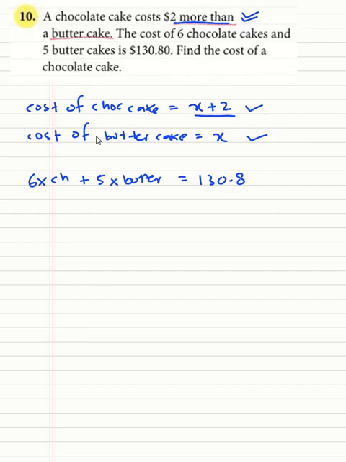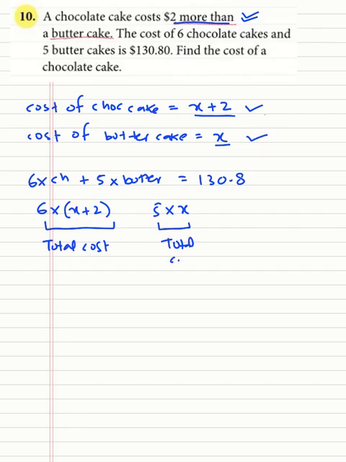The cost of one piece is x plus 2, and in the butter cake the cost of one piece is x. So 6 times the number of chocolate cakes, and the cost is x plus 2. So 6 multiplied by x plus 2 will give you the total cost of chocolate cakes, and 5 times x, 5 multiplied by x will give you the total cost of the butter cakes, right? This is for chocolate cakes and this is for butter cakes.